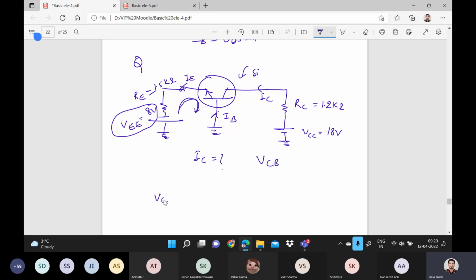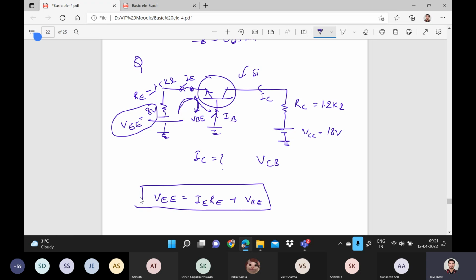So VEE is equal to, the current is IE, and this resistor is RE, so it will be IE RE, and this is the emitter junction, this is the base junction. In between them we also have a voltage, VBE. So plus VBE. In this manner you have to write down the equation.